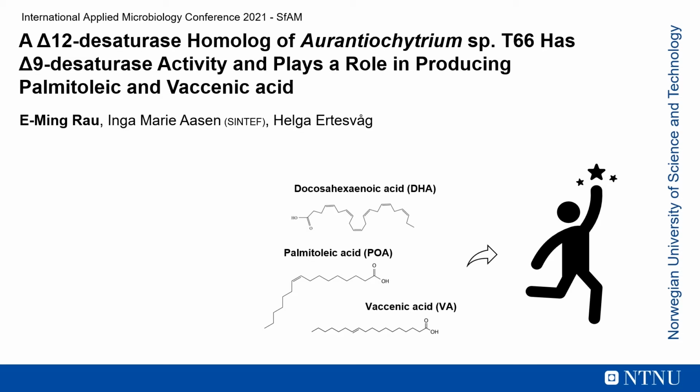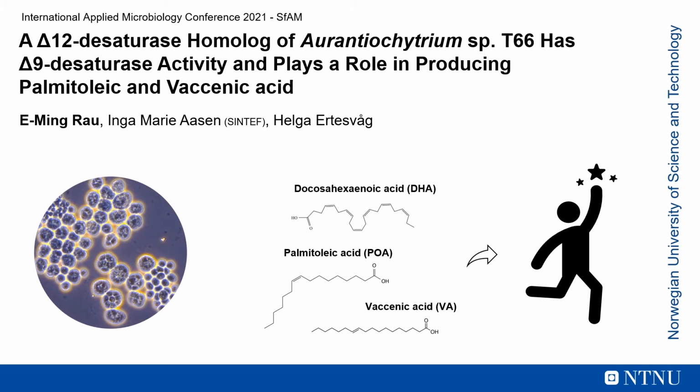Due to the high demand, more sustainable sources are needed. Oronthiochytrium, a eukaryotic microbe from the ocean, may help with this, because it accumulates large amounts of lipid with high proportions of unsaturated fatty acids. To turn it into a competitive production factory, knowledge of the enzymes that synthesize these fatty acids is crucial.